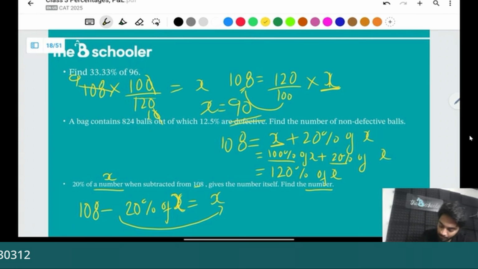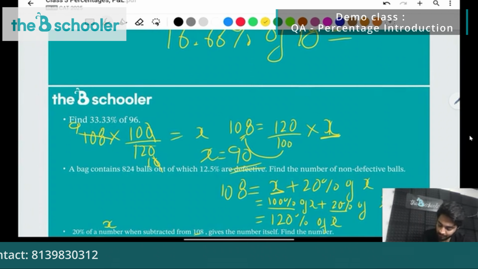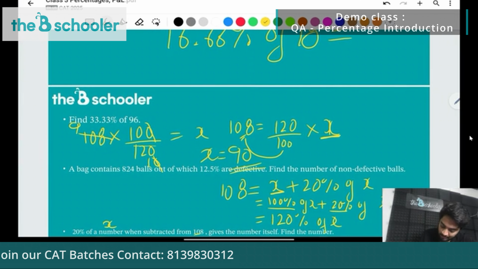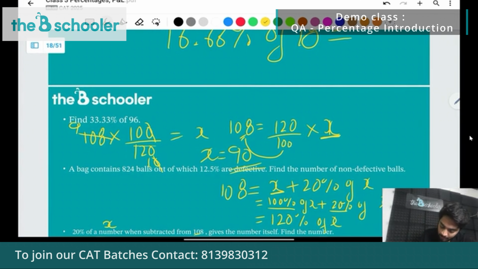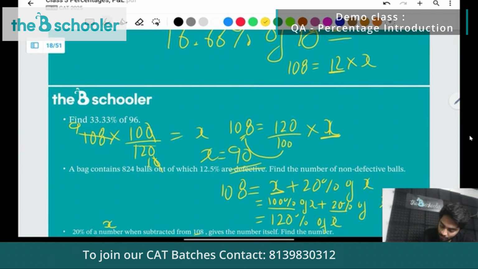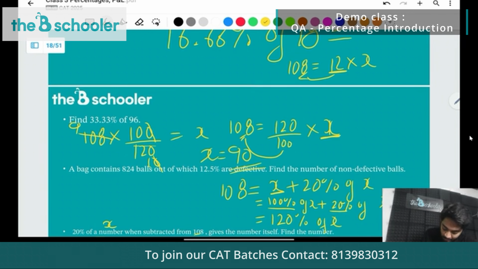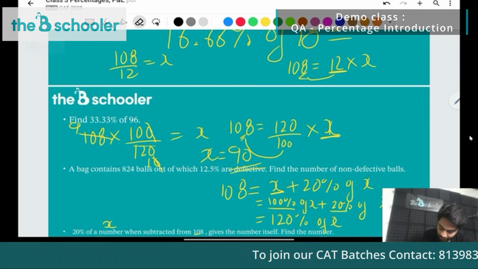For those of you who are still not knowing how to take a term from the LHS to RHS or RHS to LHS: if it was some number, let's say 108 equal to 12 times x, what would you do? You would take this 12 to the other side by dividing 108 by 12, right? So you would write 108 by 12 is equal to x. That is exactly what you're doing here, just that in this case it is fractions.